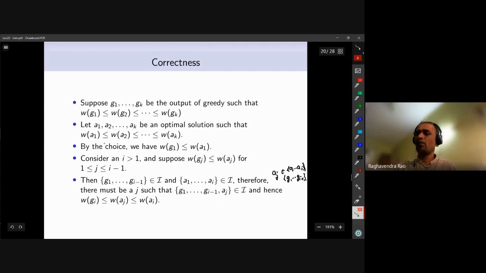What does it mean? The weight of Aj should be at least that of Gi. Now we chose this in ascending order. So that means the weight of Aj is smaller than or equal to the weight of Ai.